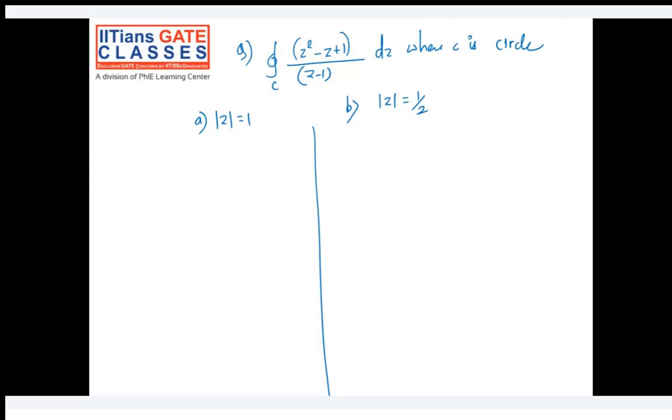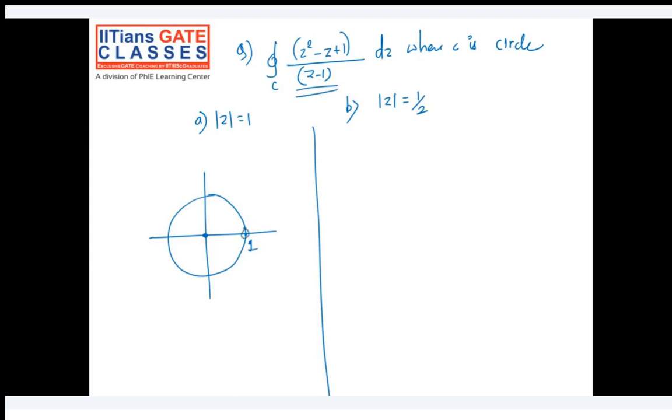Let me help you out with the plots here. Mod of z equal to 1 is the equation of a circle with center at the origin and radius 1. And our singularity point, z minus 1, that is z equal to 1, lies on the circle itself.